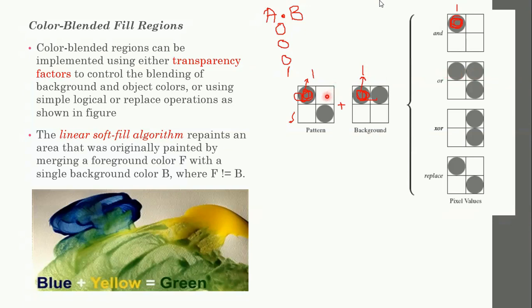Again, 0 or 1, you get 1. Again, 1 or 0, you get 1, and 0 or 0, you get 0. So this is how the logical OR operation works. Similarly, you can show it for XOR. 0 XOR 1, you get 1, and 1 XOR 0, you get 1. So this is how the XOR operation happens.